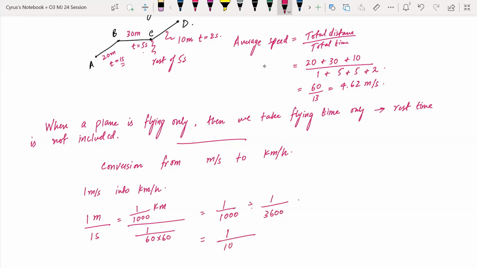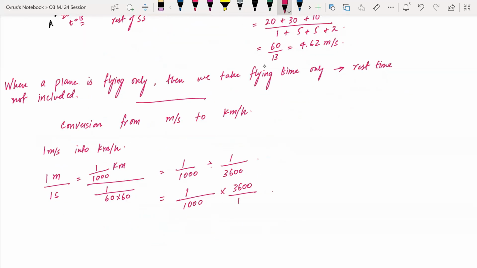This will be 1/1000 multiplied by 3600. इसका मतलब है कि जब आप इसको करेंगे तो आपका आंसर आ जाएगा 3.6 kilometers per hour.